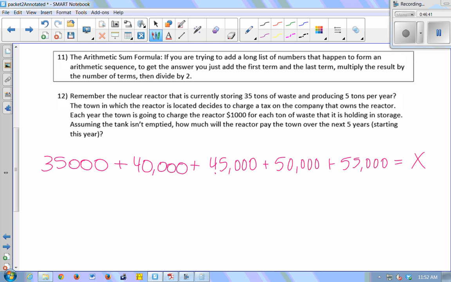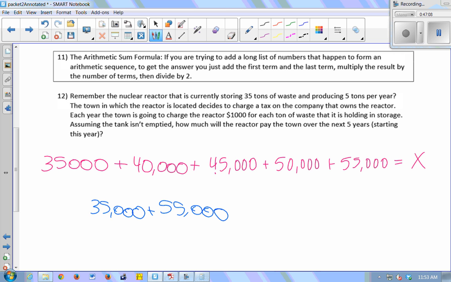So the formula says you're trying to add a long list of numbers. Well, this isn't that long, but it should work for a short list too. They form an arithmetic sequence because I'm adding 5,000 each year, always adding the same amount. So they do make an arithmetic sequence. To get this sum, it says just add the first term and the last term, right? So I'm just going to add 35,000 and 55,000.